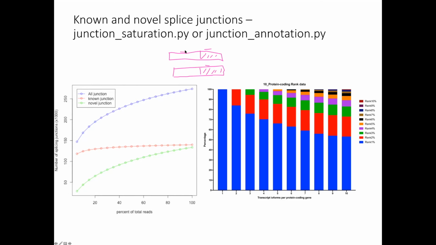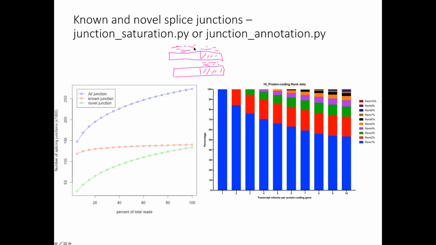So you are mapping multiple reads here, not mapping any reads here, and mapping multiple reads here. These reads could go either to this gene or to that gene.